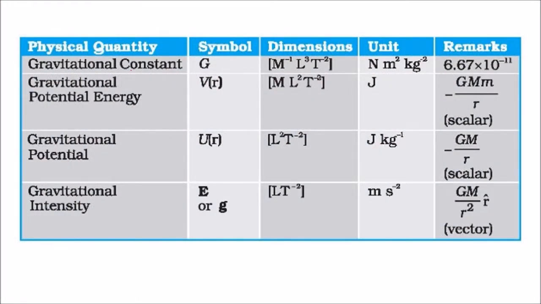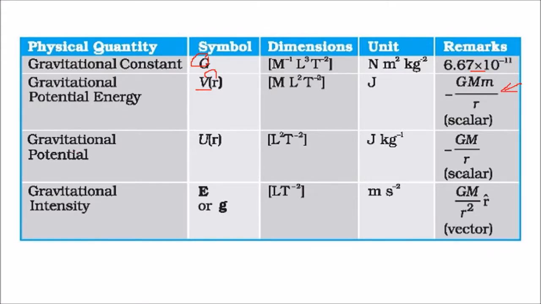So we have certain physical quantities, with their symbols, dimensions, units and remarks. The gravitational constant is given by capital G, with this dimension and this value. The gravitational potential energy is represented by V, a function of radius, given by minus G M m by r, and this is a scalar quantity.